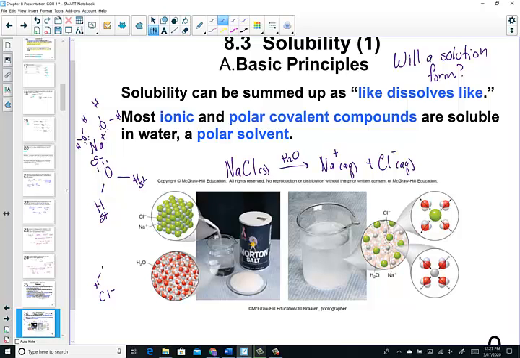And remember how chloride was negative? Remember how the hydrogens then would surround the chloride based on opposite charges. So you'll see that the negative ions are stabilized by the positive area on the polar water molecule. And here's an example of the dissociated form where you can see the chloride ion, Cl negative, being surrounded by those hydrogens based on opposite charges.